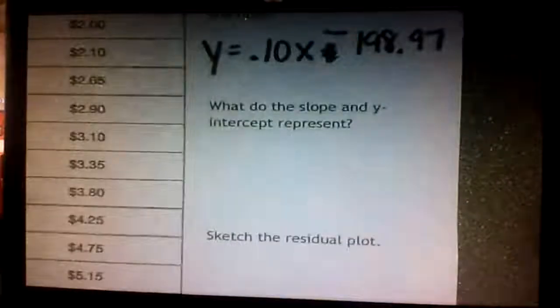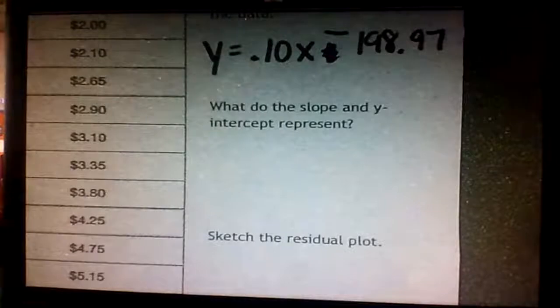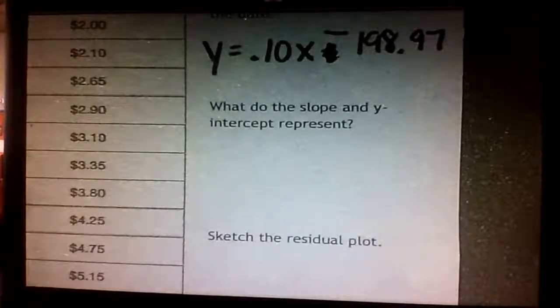They want to know then, what does my slope mean? What is 0.10? What's that representing? It's not your minimum wage. It's something for something.